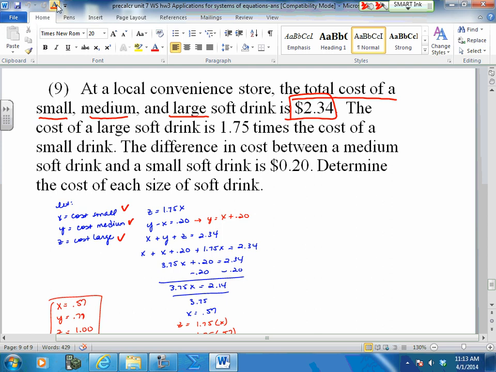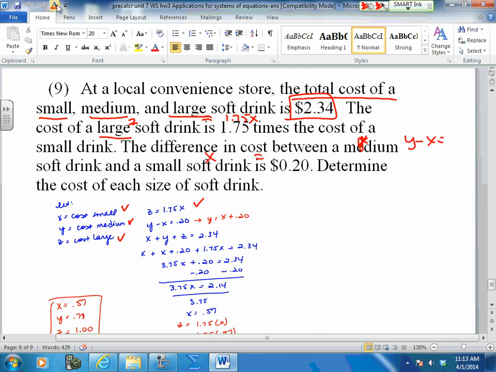So X is the cost of a small, Y is the cost of a medium, Z is the cost of a large. The cost of the large, which we call Z, is 1.75 times the cost of a small, X. There's one statement. The difference in cost between a medium, Y, and a small, X, there's your Y minus X, is 20 cents.